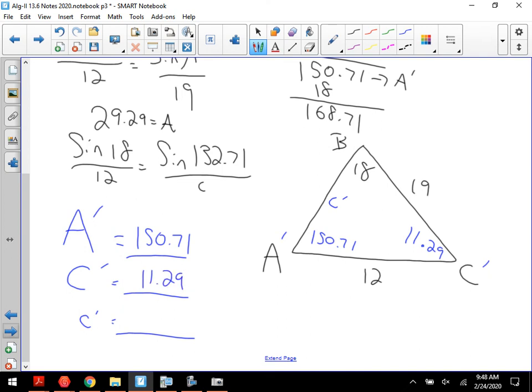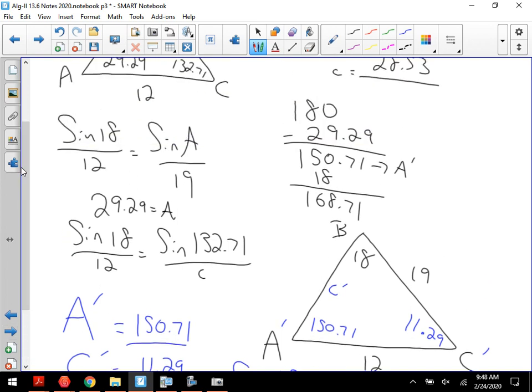And then I just do the law of sines again. Sine of 18, 12. It's just a second triangle. It's the first one I solved for. Remember that 150 and the 29.29.